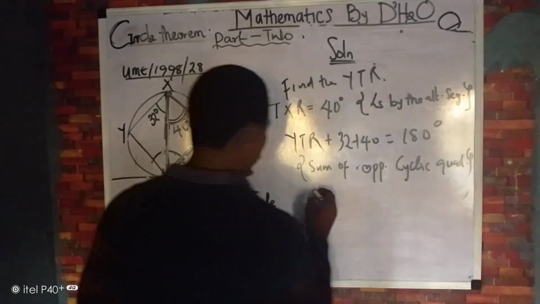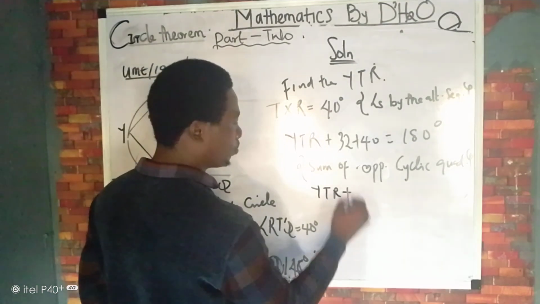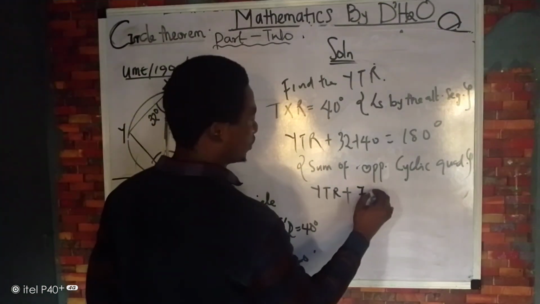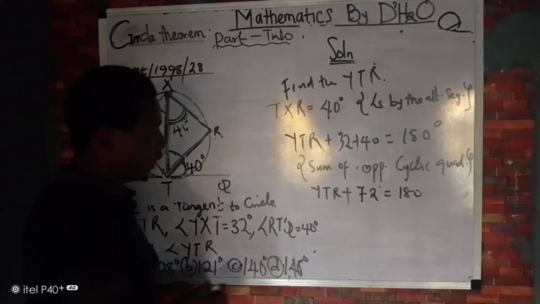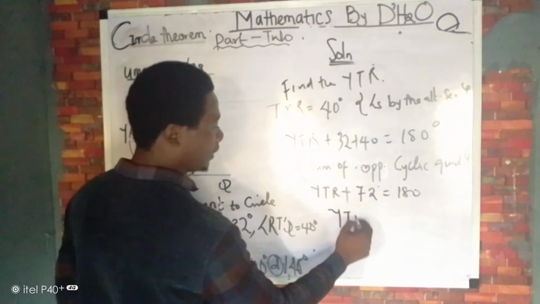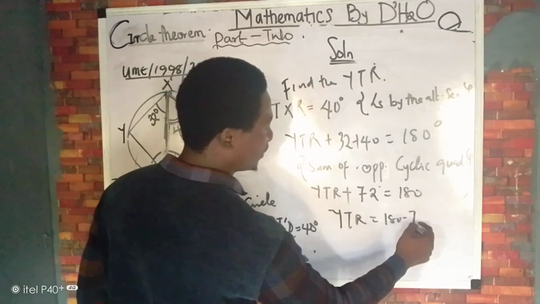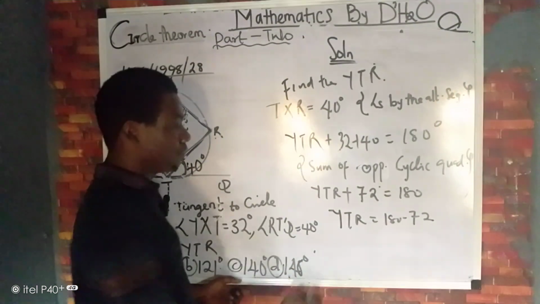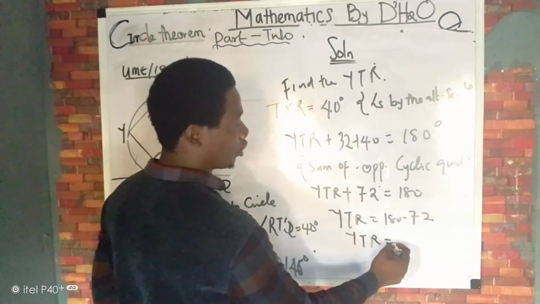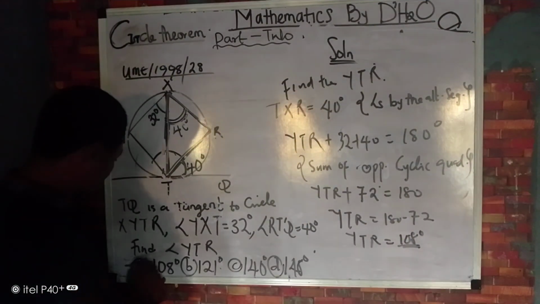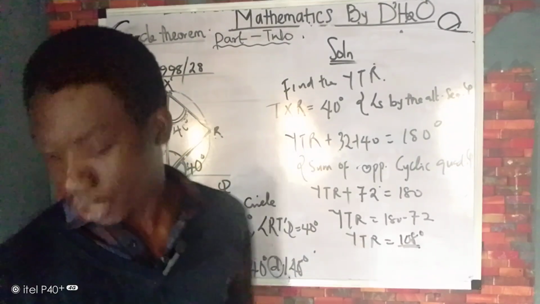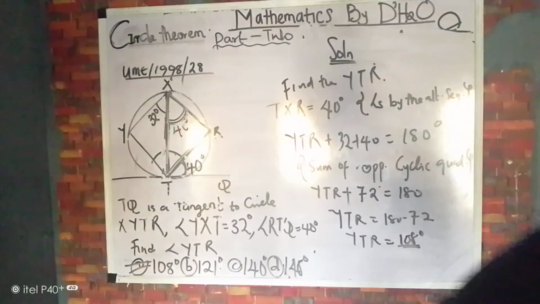So we have YTR plus 72 degrees equals 180. So YTR will give us 180 minus 72 if you collect like terms. So YTR will give us 108 degrees. The answer is what now? A.